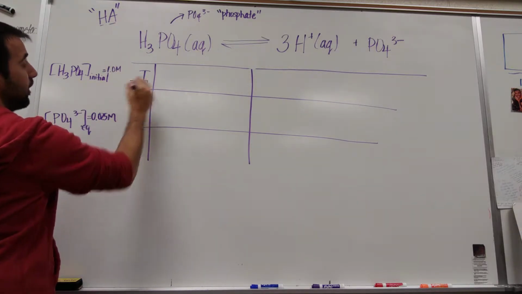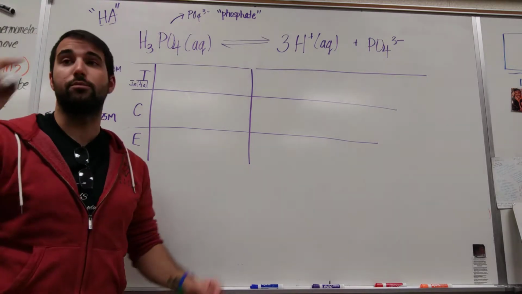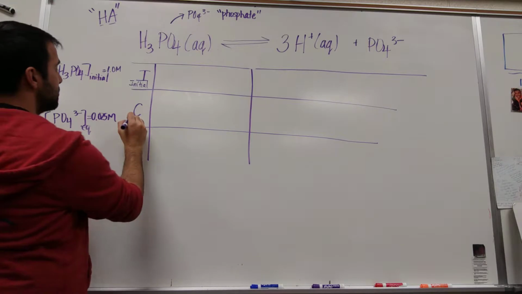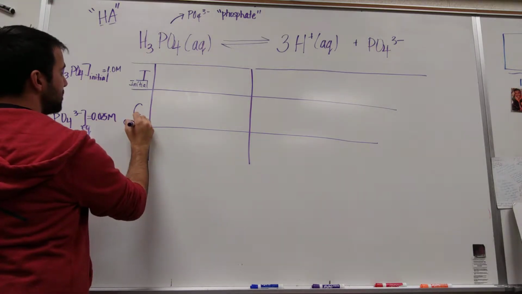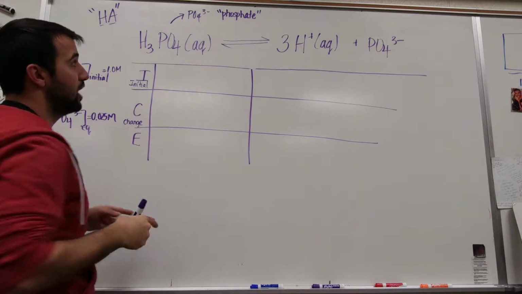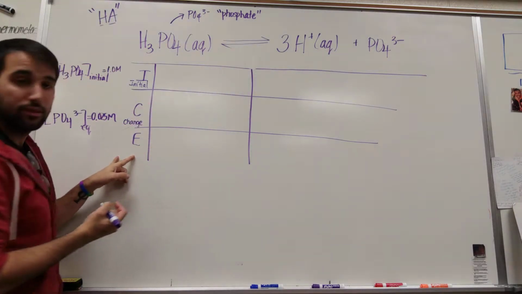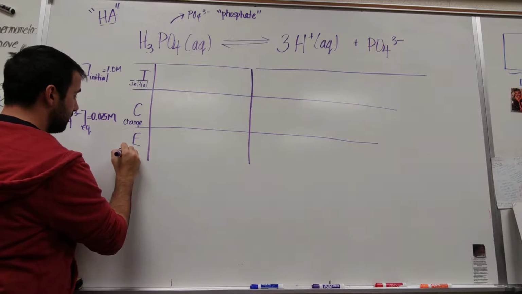So go back to our notes on BCA. Instead of using BCA, we're going to use ICE. I is initial, C is for the change, and then in this unit and chapter, with these double arrows for the dissociation, this is equilibrium.